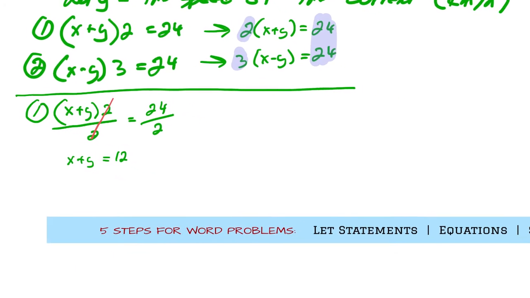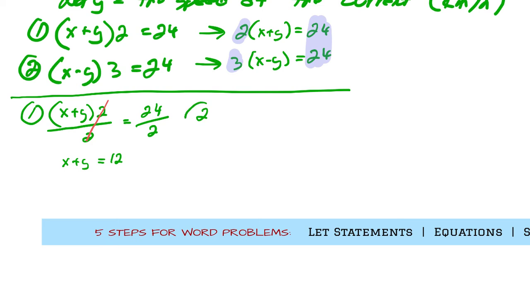And then the second equation, I'll put over here just for spacing on my screen, will be the same thing. So it's x minus y times 3. Divide both sides by exactly the same value. And you will get x minus y equals 8.